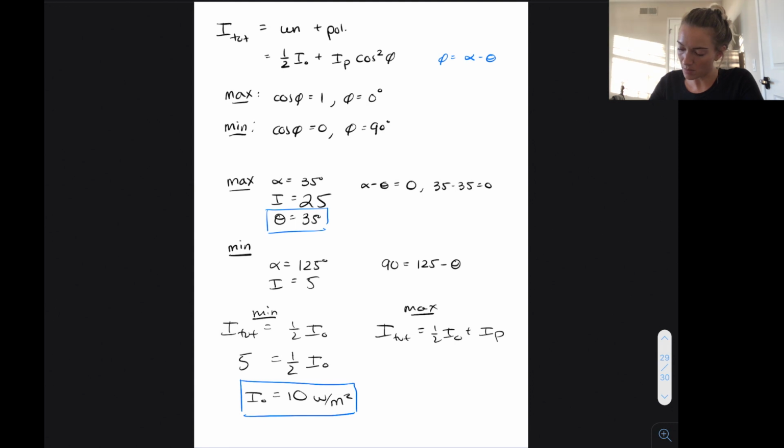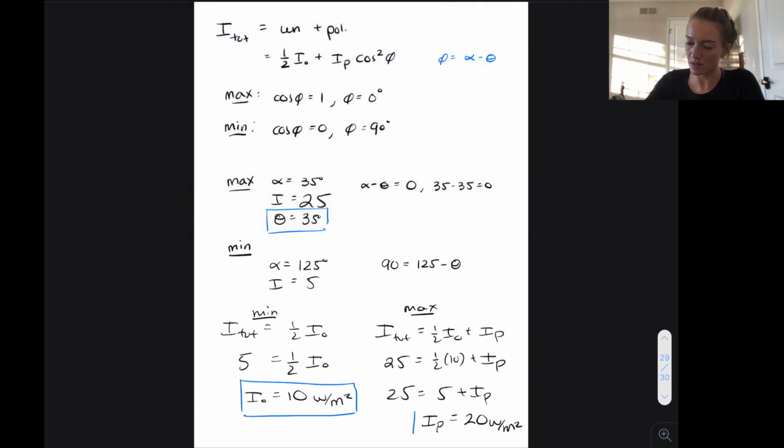So at the maximum, on the graph, we said that the total intensity was 25 watts per meter squared. Then we have 1/2 times 10 plus I P. So we have 25 is equal to 5 plus I P. So we can see that the intensity of our polarized light is 20 watts per meter squared.